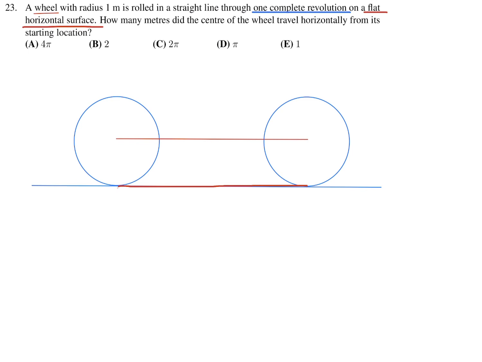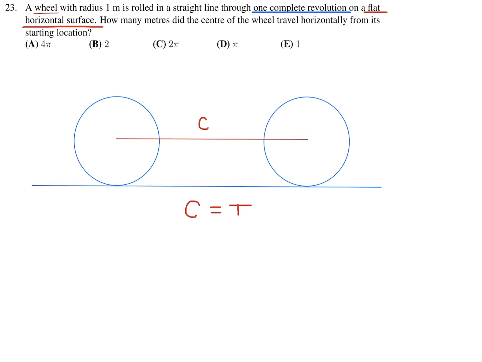Now that distance represents one complete revolution. It represents the circumference, C. But those are not represented in the answer choices. We want an actual numerical value. The circumference is how far this circle will travel.